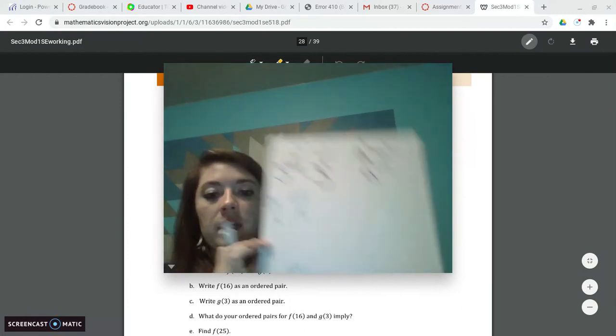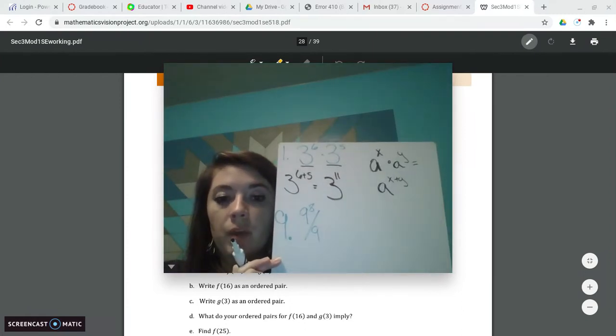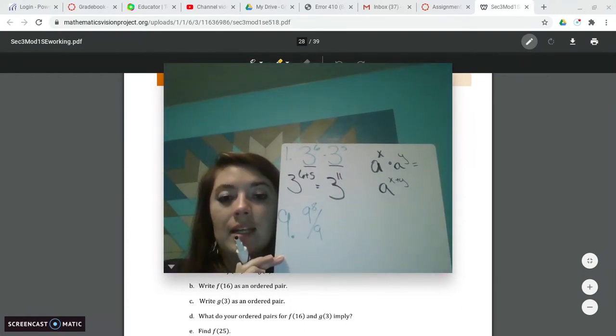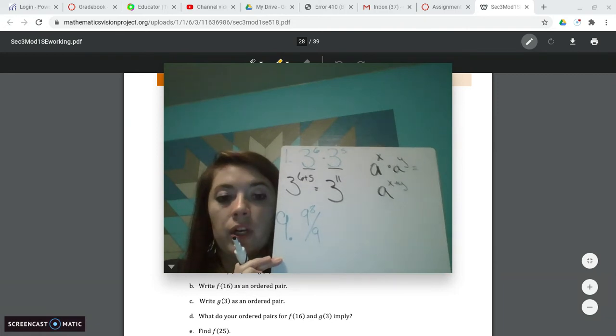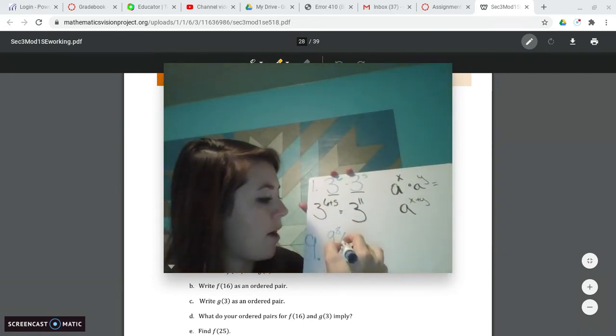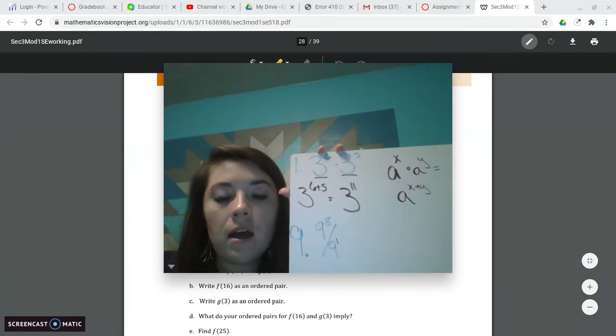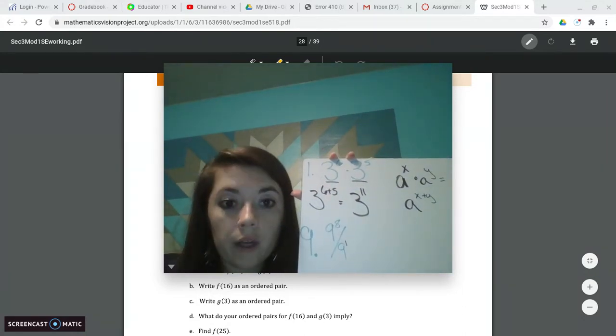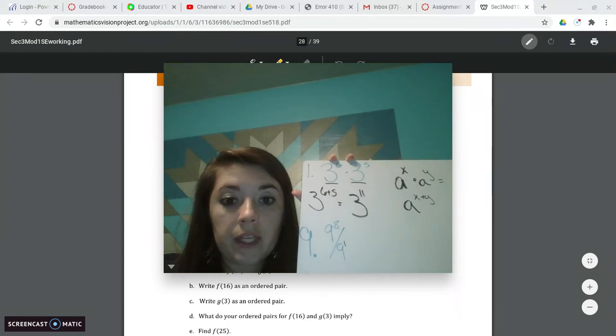All right, the next one we're looking at is a little bit different. So we have number 9. We have 9 to the 8th power over 9. Now, this second 9, remember, any number always has an exponent of 1 if it doesn't have another exponent given.